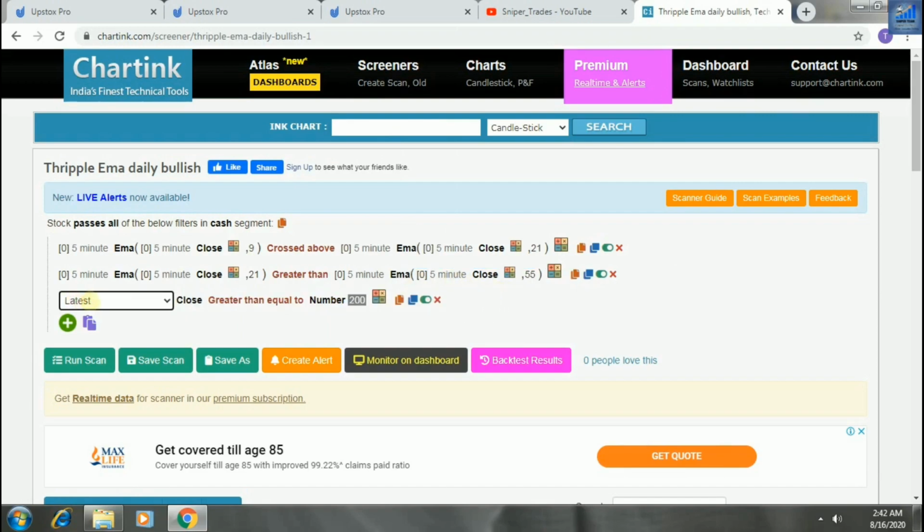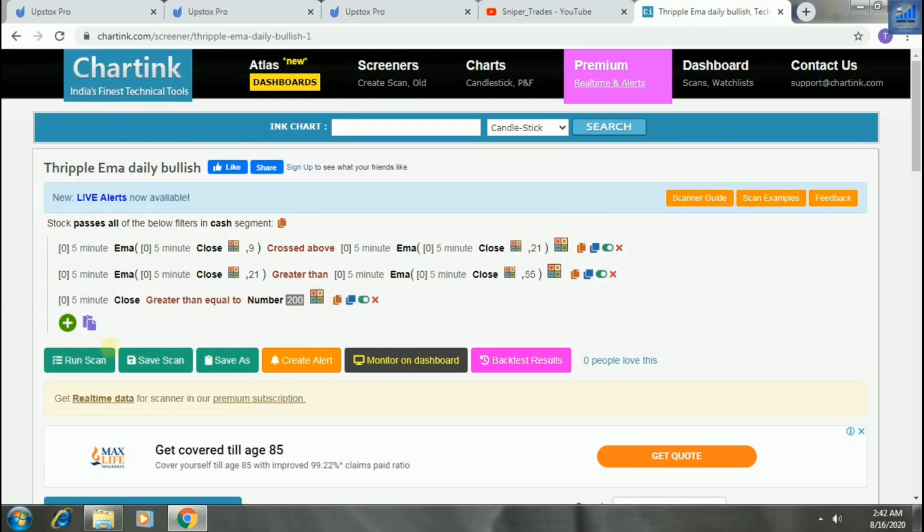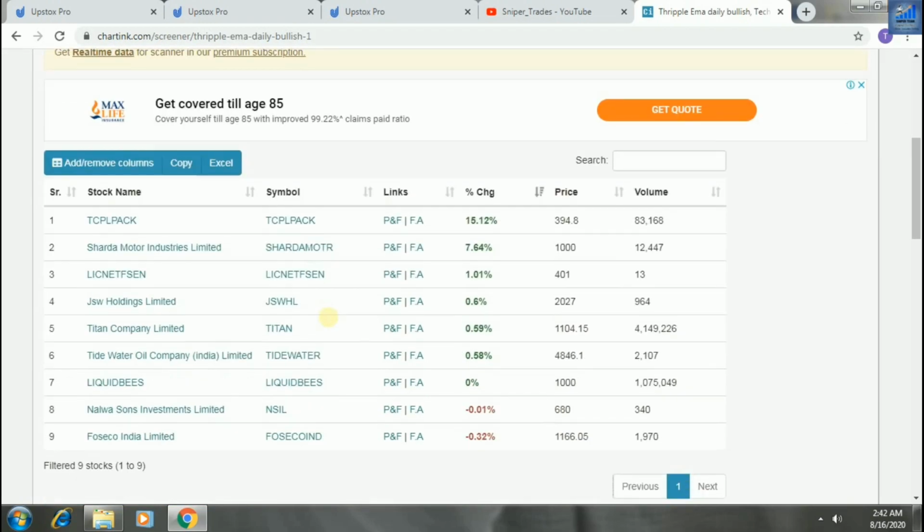So here also change it to 5 minute and click scan. Now we got the stocks to trade with the same strategy in lower time frame. So we must consider these stocks for short time trade only. Within the time period of market closing we have to end it. So let's go to any of these.